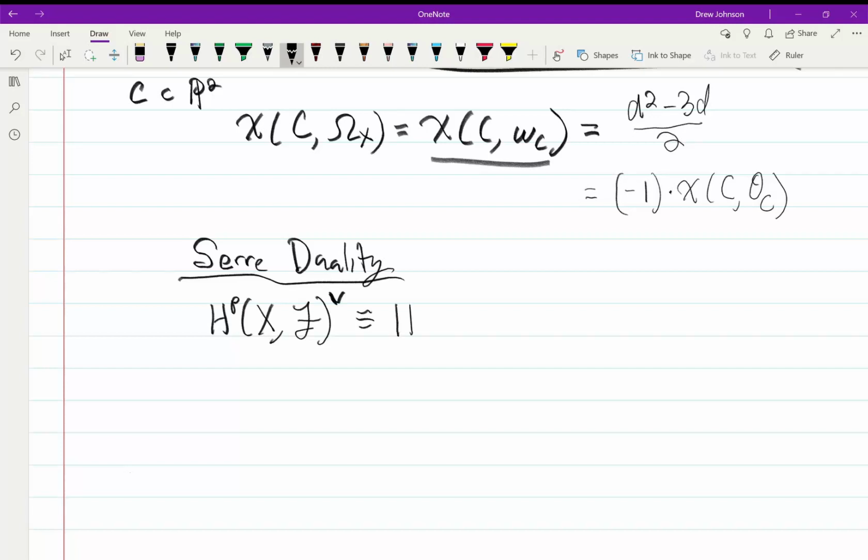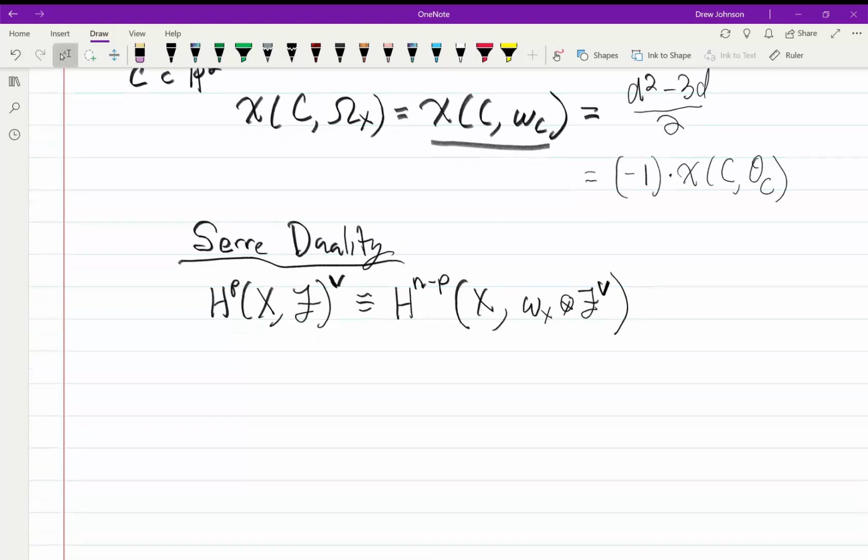This will be isomorphic to H n minus p, where n is the dimension of X. And then here you have to take the canonical bundle and tensor with the dual of F. So this is now the dual of the coherent sheaf F inside of the parentheses. All right, so this is Serre duality, a very important and much used tool when you're dealing with sheaf cohomology.